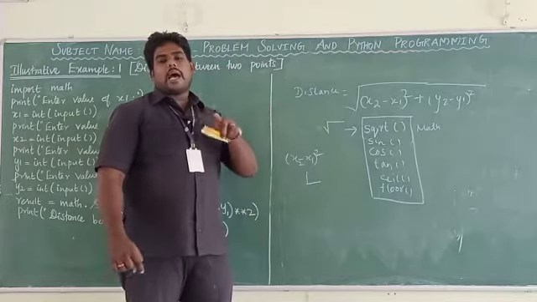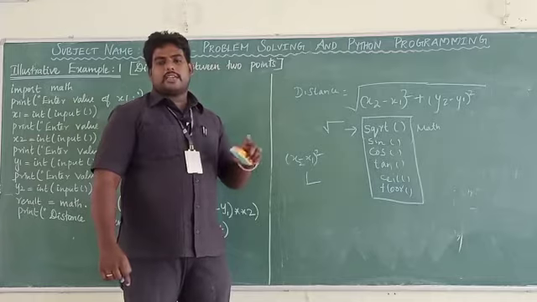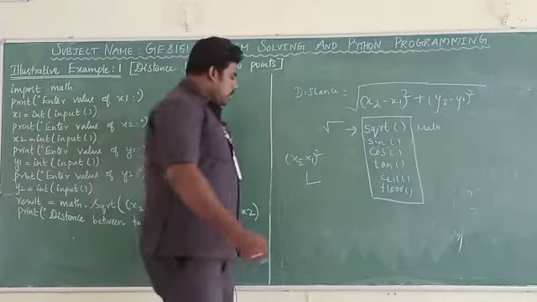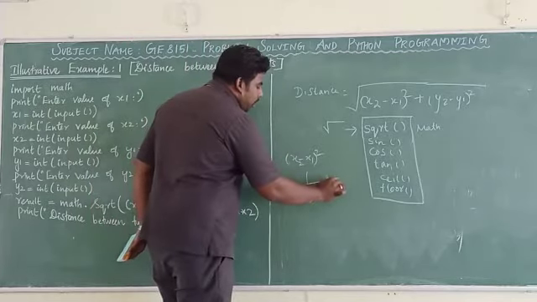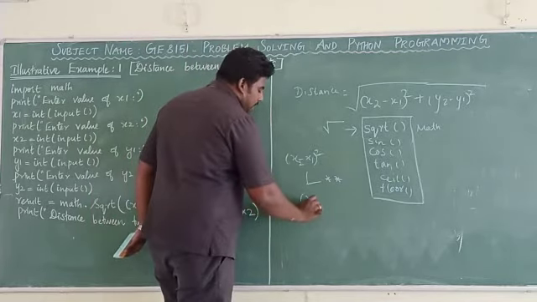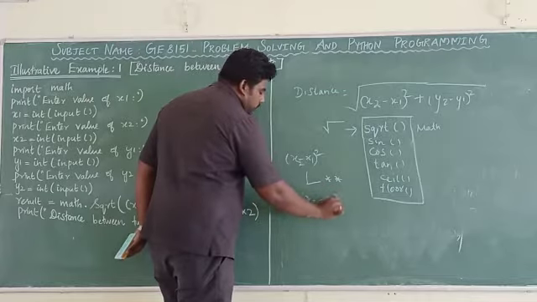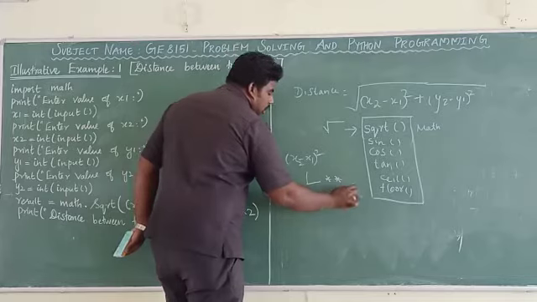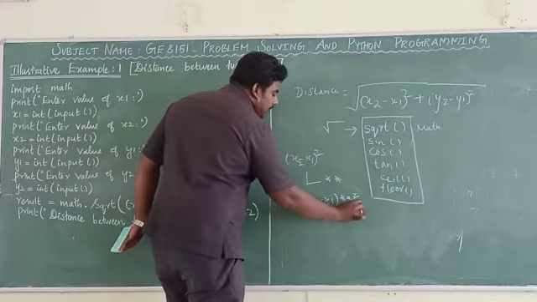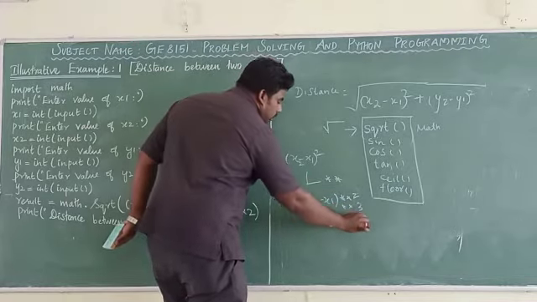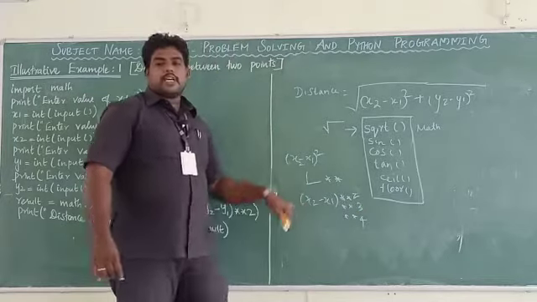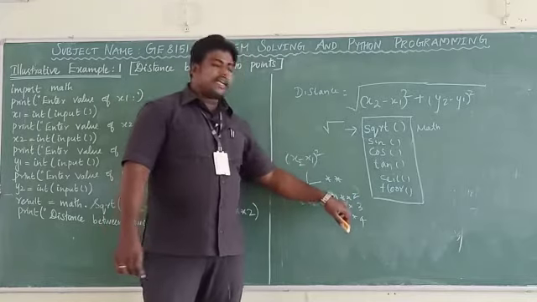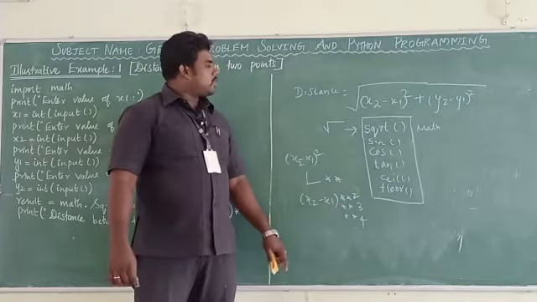For that, I taught you another operator, the exponential operator, which is the double star. x2 minus x1 double star 2 or 3 or 4. Like that you can take the power. If you want to take square or cube or quad, you can use the exponential symbol.